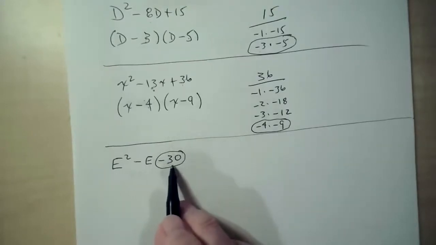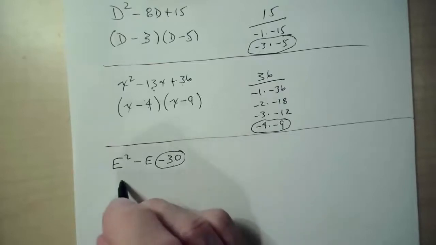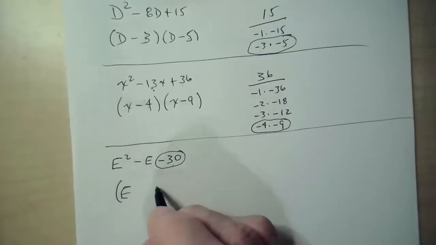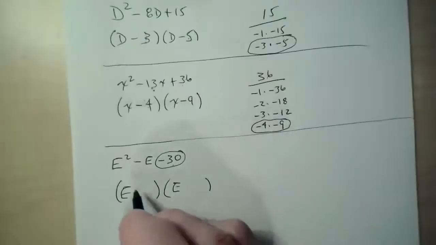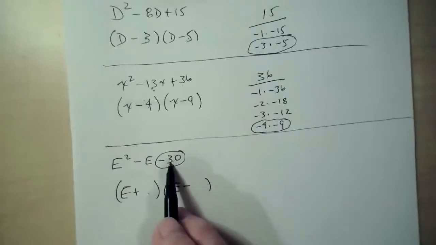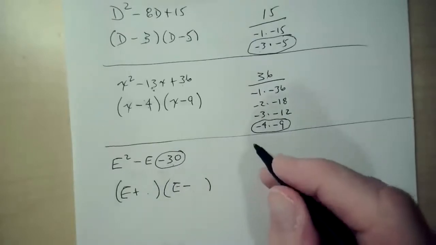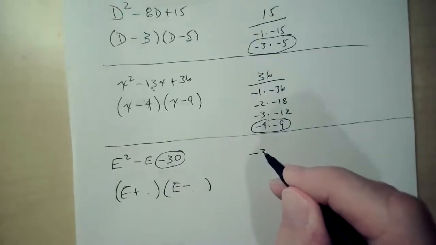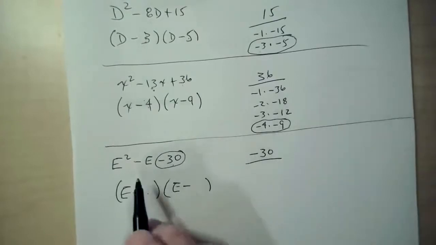What will give us a negative in the constant? It's going to be E positive and negative. Excellent. E plus some number and E minus some number. A positive times a negative will give us a negative.